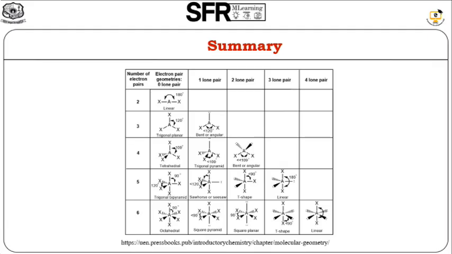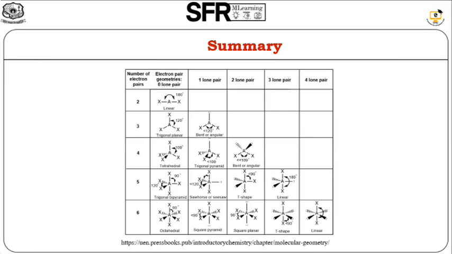For example, the steric number is 2. Without any lone pairs, the geometry is linear and the bond angle is 180. The steric number is 3. Without lone pairs, the geometry is trigonal planar and the bond angle is 120. But with one lone pair present, the geometry is angular or bent using VSEPR theory.